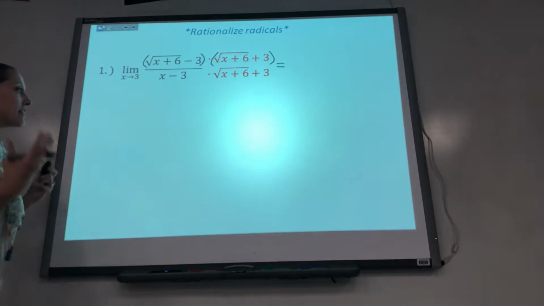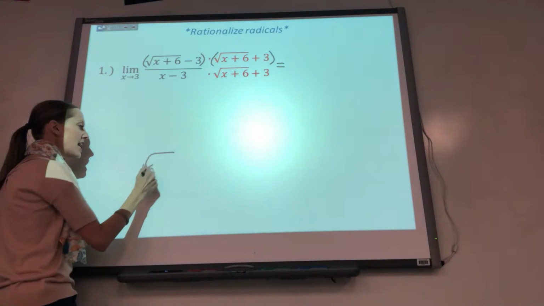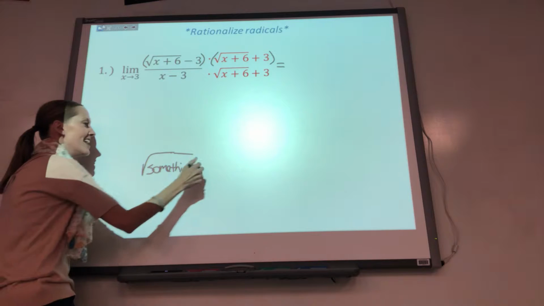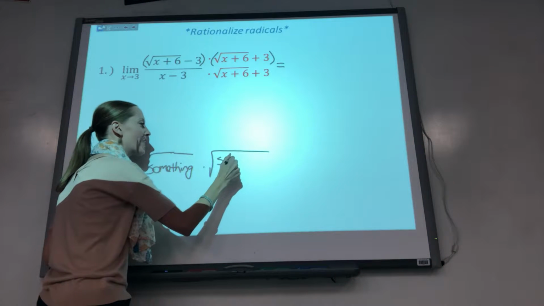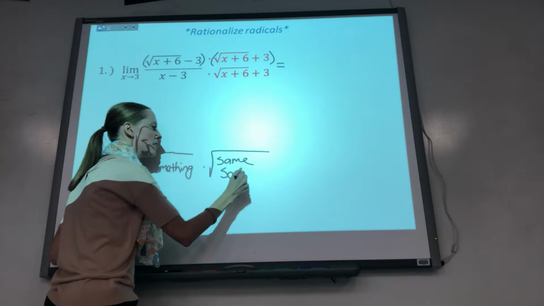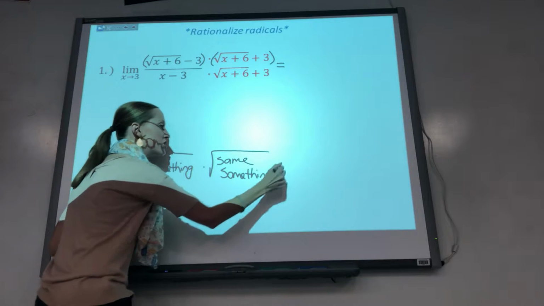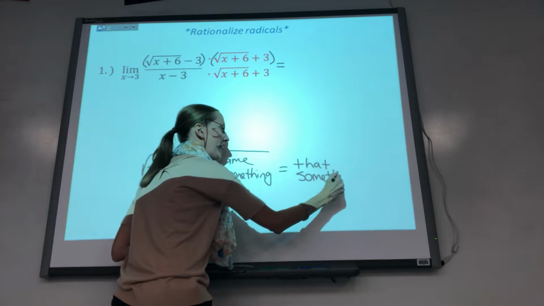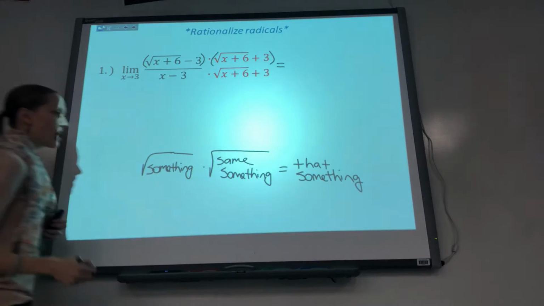I don't know if you remember this or not either, but I told you a long time ago, the square root of something times the square root of the same something just equals that something. It's not under a square root anymore.